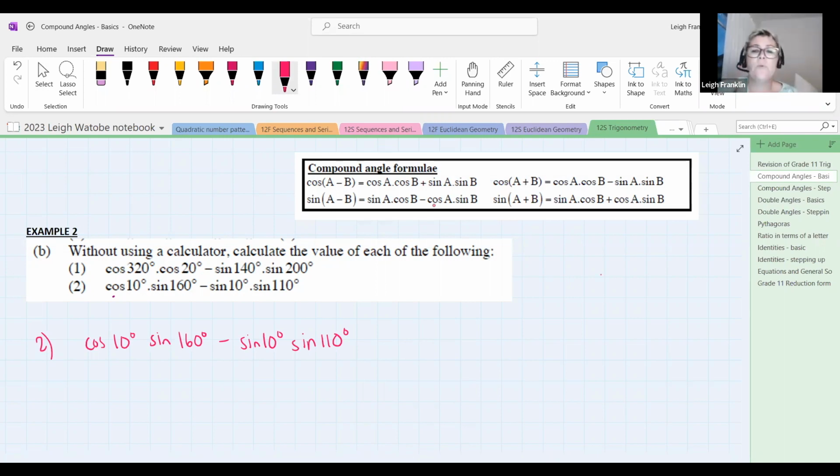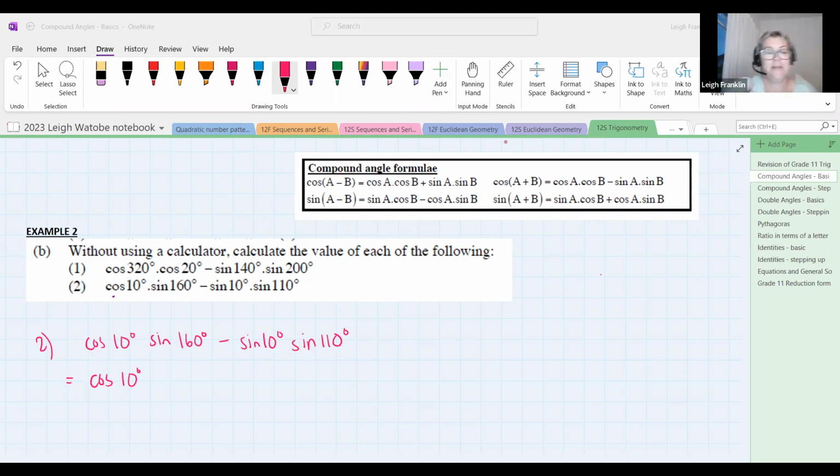The first thing that we want to do is use reduction formulae. Any angle that's bigger than 90 needs to be reduced. So cos 10 is cool because it's 10 degrees. How am I going to write sine 160 once I have reduced it? We probably are going to use cofunctions, Amalia.